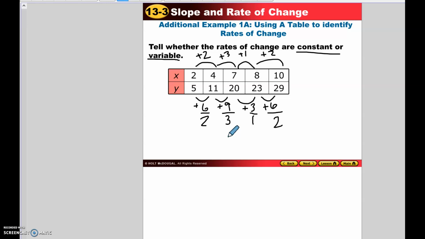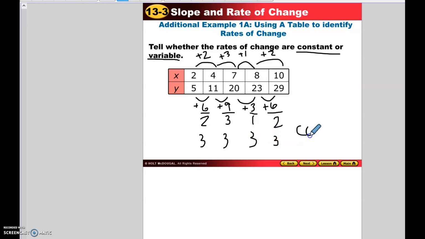It's variable. 6 divided by 2 is 3. 9 divided by 3 is 3. 3 divided by 1 is 3. And 6 divided by 2 is 3. All of those equal 3. The change in y divided by the change in x equals 3 constantly. So that means this is a constant rate of change.